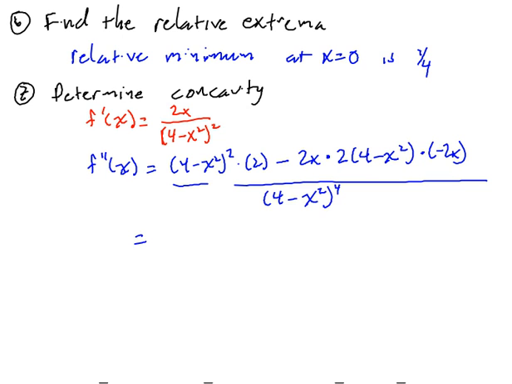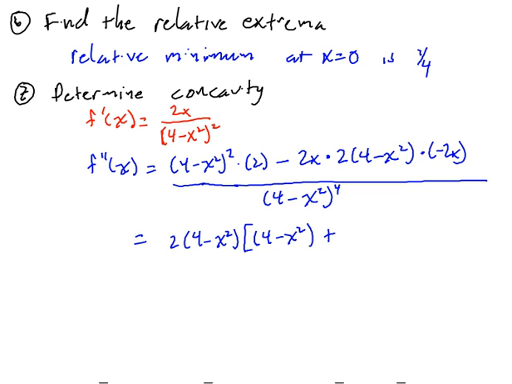Well, we could factor from the numerator. Both of the terms have a 2 and a 4 minus x squared, so we could factor that out. From the first term, there would still be a 4 minus x squared. And with the minus minus, that'll be plus.